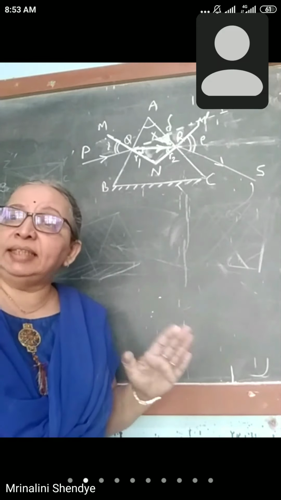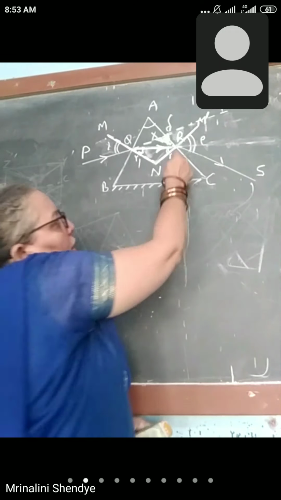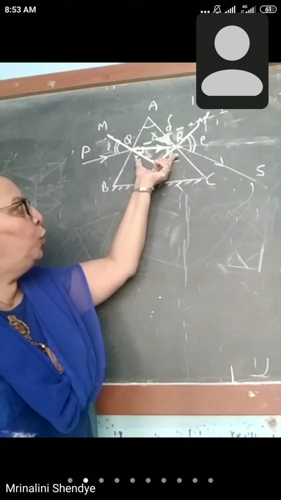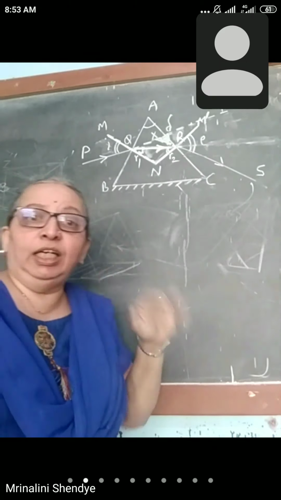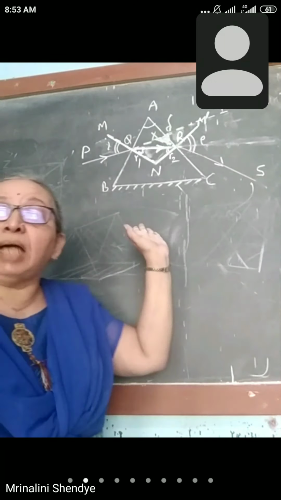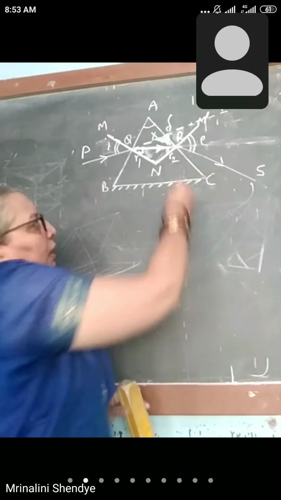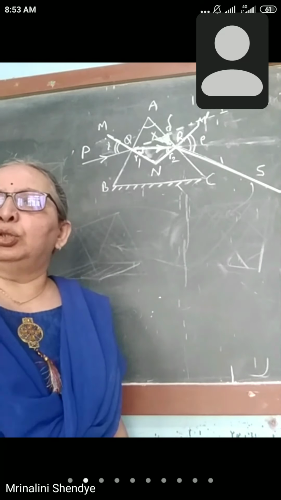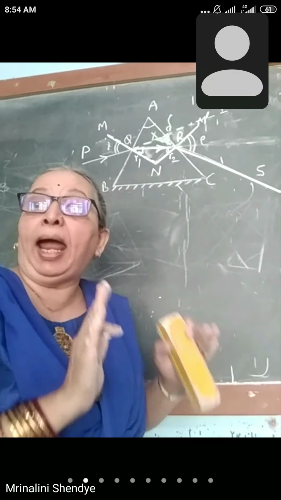So what is the direction of the emergent ray through the prism? Along RS. So PQ is called the incident ray, QR is called the refracted ray, and RS is called the emergent ray. So when the ray emerges out of this refracting medium, this will be its final direction. The angle through which it has changed its direction is called the angle of deviation.